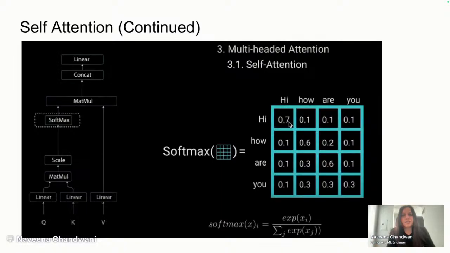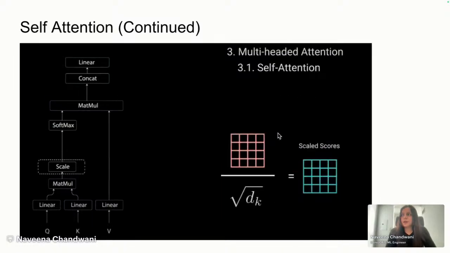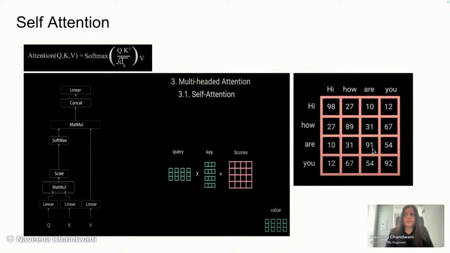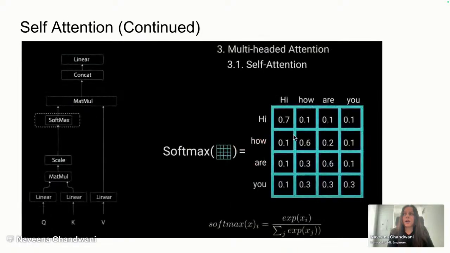So each word's output will be between 0 and 1, and their sum will be 1, because probability at max can be 1. So we see here, this will sum up to 1, and the next one will sum up to 1, and so on. The advantage of this is, if you see, the diagonal elements here had the highest value, and that is maintained. It amplifies the high values further, and diminishes the lower values.